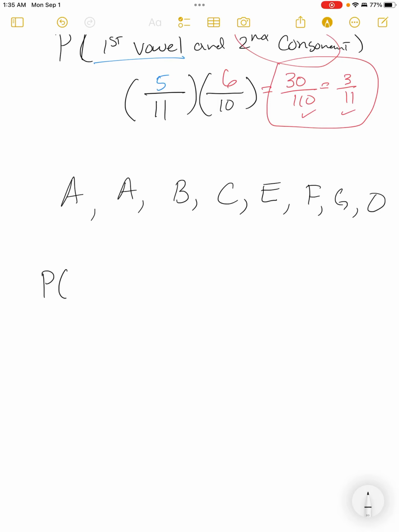They're going to ask this question: what's the probability that you get one is a vowel and one is a consonant? Okay. Here they're not specifying order at all, and that's the tricky part. This could happen in 2 ways.